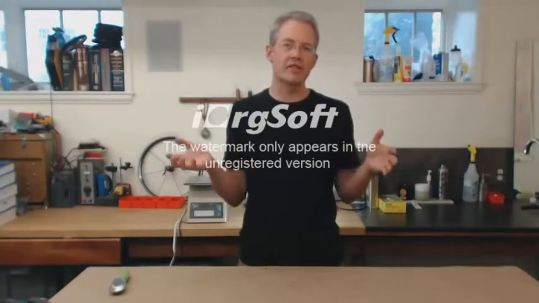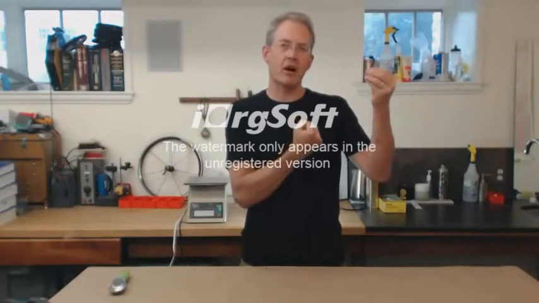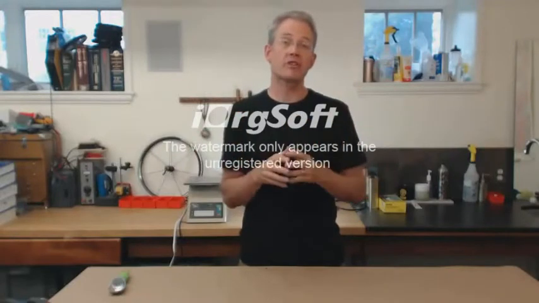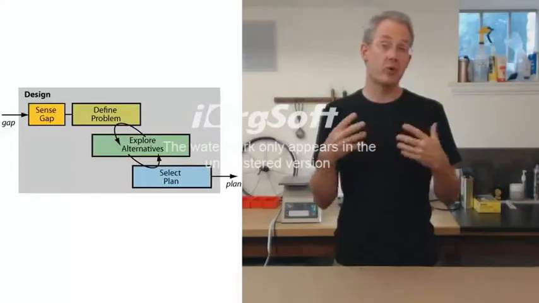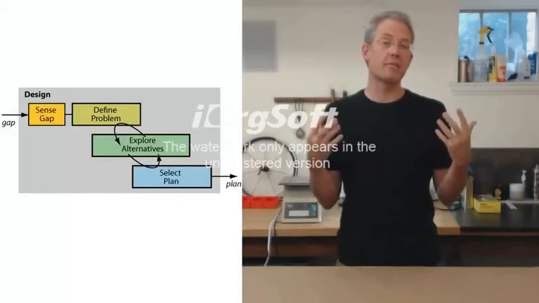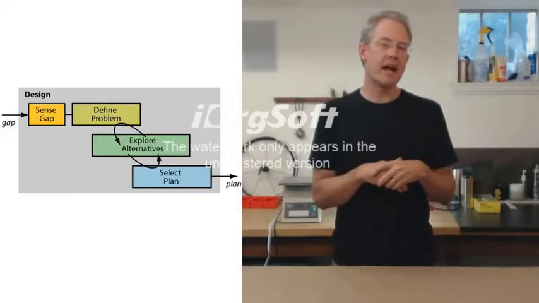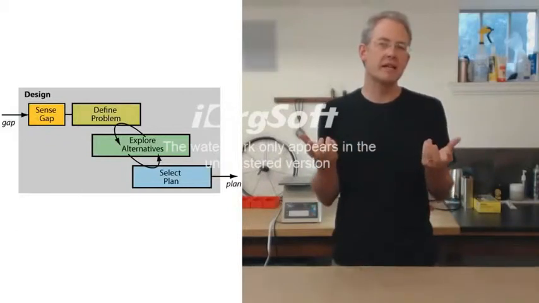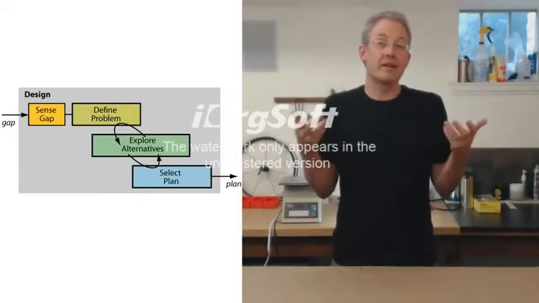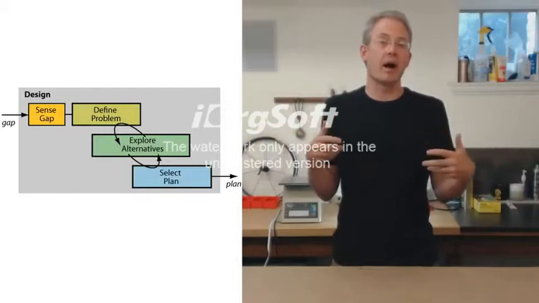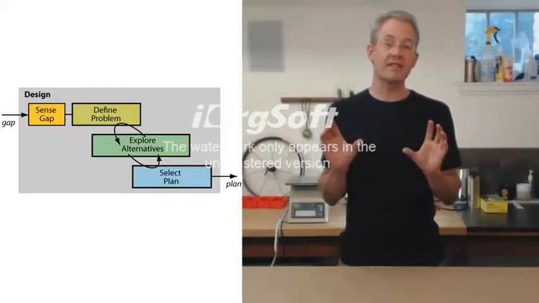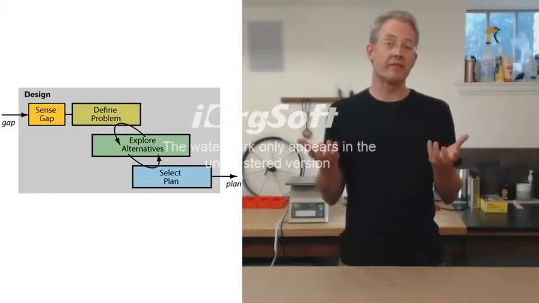So the basic idea behind the design process is that if we were to break out that piece of that overall system that transforms gap into artifact, the design portion of that has 4 pieces, or I think it's useful to think about it as having 4 pieces. Now the first piece is kind of easy, which is that basically you have to at some point sense that there is a gap, recognize that there is a problem. Now sensing the gap is somewhat self-evident.